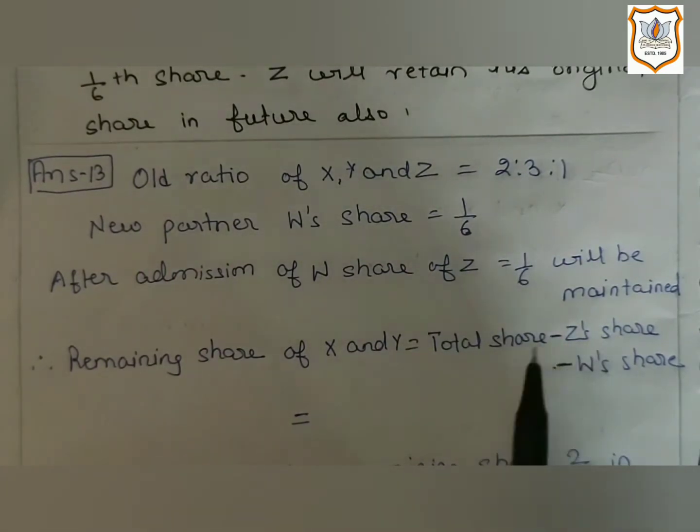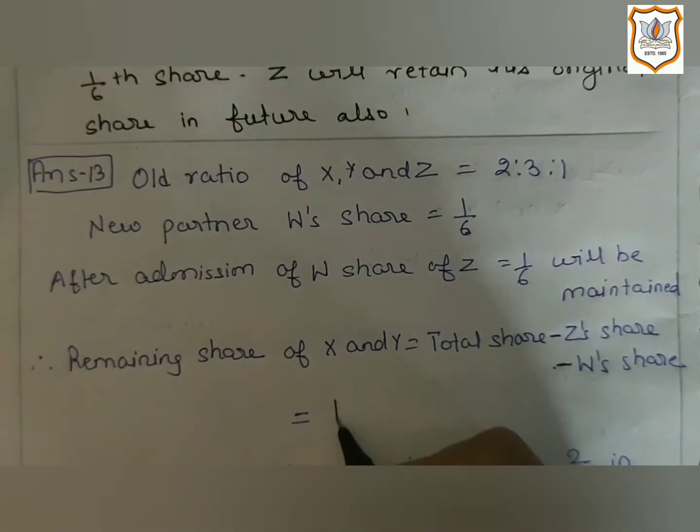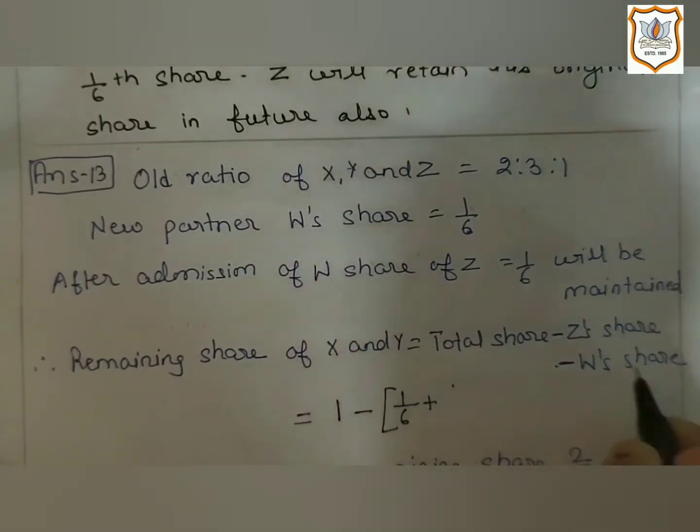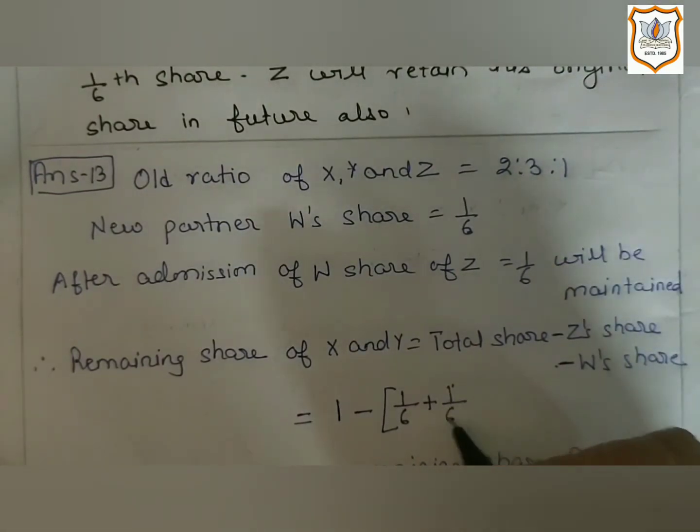And here W is the new partner. So in order to find out the remaining share of X and Y, the total share that we will assume 1 minus Z share is 1/6 plus W share is also given in the question, that is also 1/6.